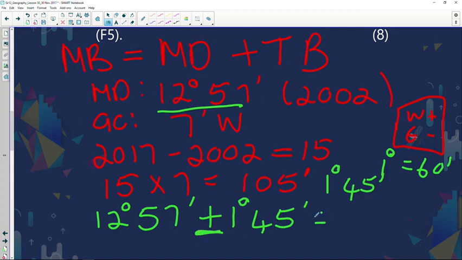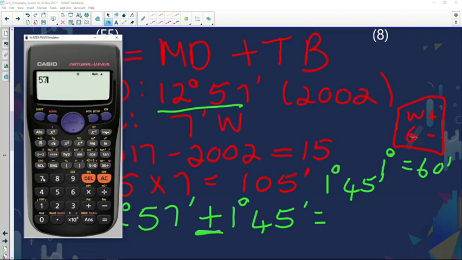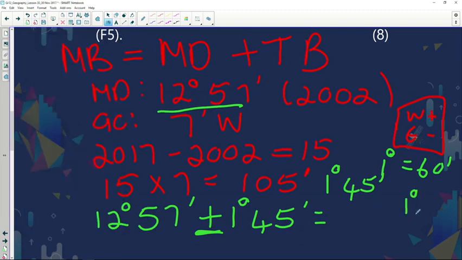Okay, so let's quickly have a look at it. Now we got 57 minutes and 45 minutes. Let's just quickly add those two together. 57 plus 45 equals 102 minutes. Now 102 minutes equals 1 degree and 42 minutes.